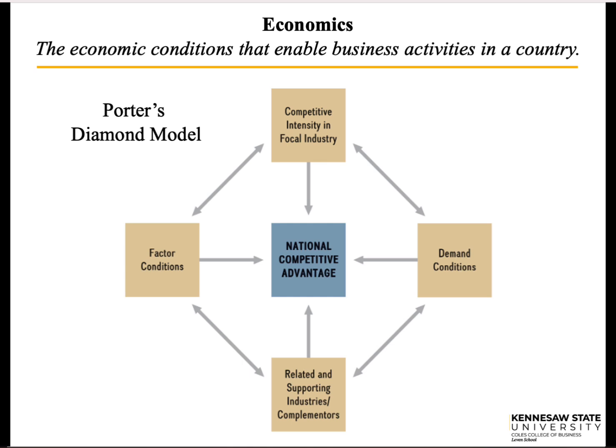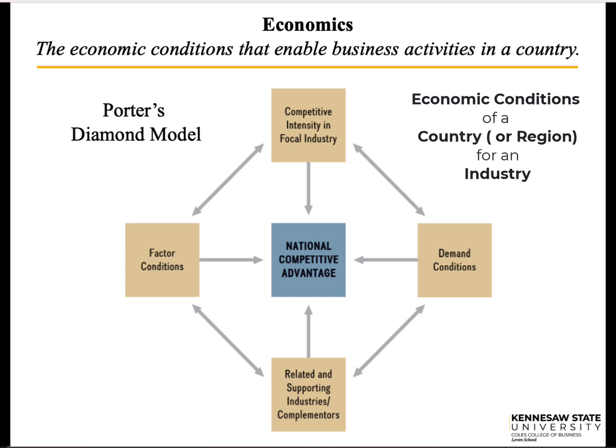His response, like the 5 forces model, was a depiction of structural forces in the form of the diamond model. There's one thing that's very important about this model to remember. It doesn't look at a country in general, but at a country or region from the perspective of a particular industry.